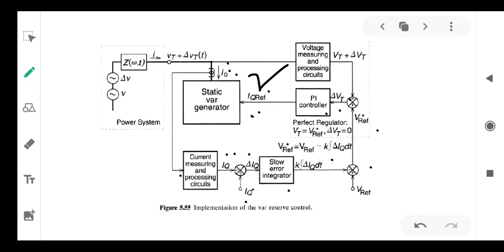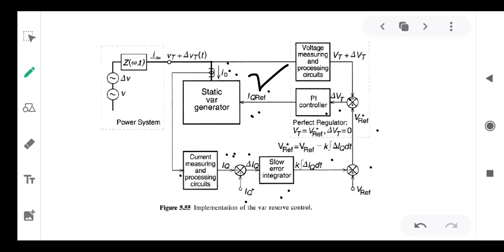In the second case, when the SVG is operating at point 2, the compensator is supplying IC1 to the system. In the meantime, the other control device, the tap changing transformer, is used to control the voltage to the required value. In the meantime, this error IQ is passed through the slow acting integrator.